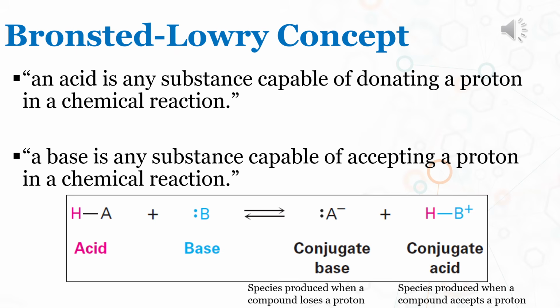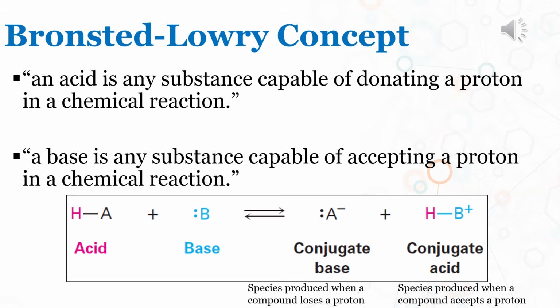Next, let's discuss the Bronsted-Lowry concept. An acid is any substance that is capable of donating a proton in a chemical reaction. When we say proton in this concept, we're referring to the hydrogen ion. Kindly take note of that. In the sample that we have here, we have the reaction HA, with H bonded with A, plus B as its base.